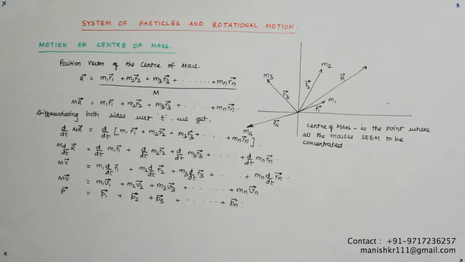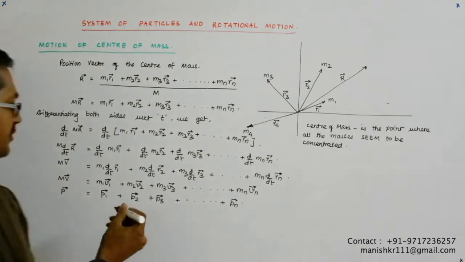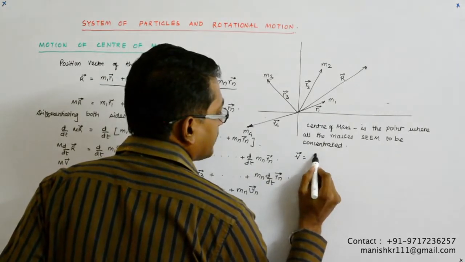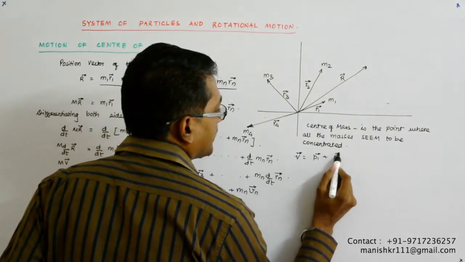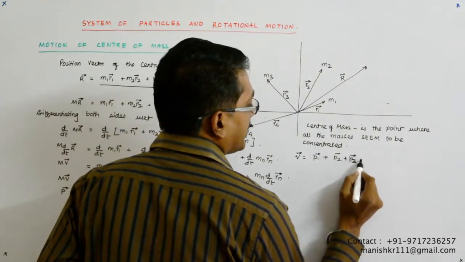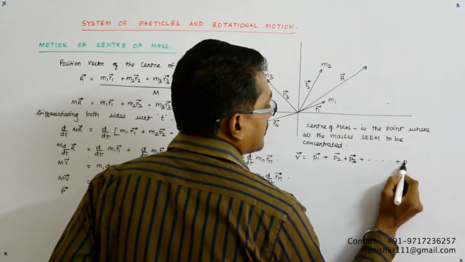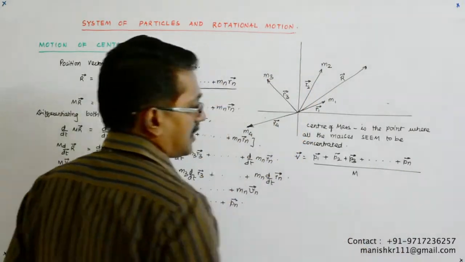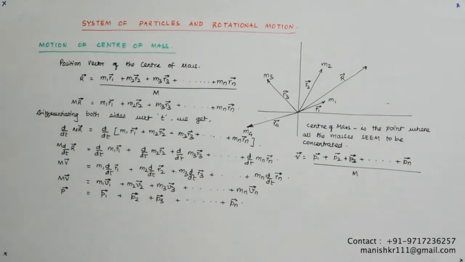So it gives me two things. My V is equal to P1 plus P2 plus P3 plus Pn upon M. Fine?